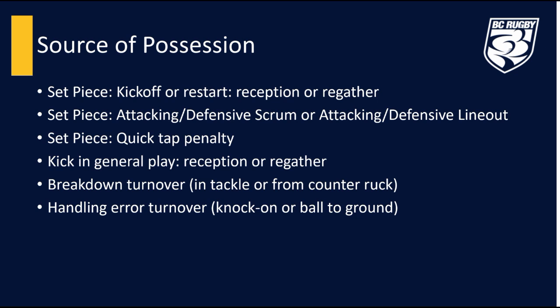Also from kicks in general play, reception or regather, breakdown turnovers in the form of a tackle or counter ruck turnover, and finally handling error turnovers, whether they've come from knock-on or ball to ground situations.